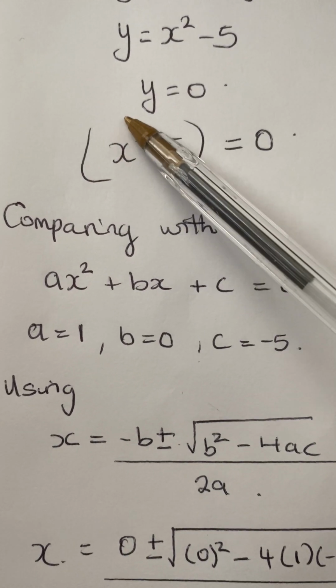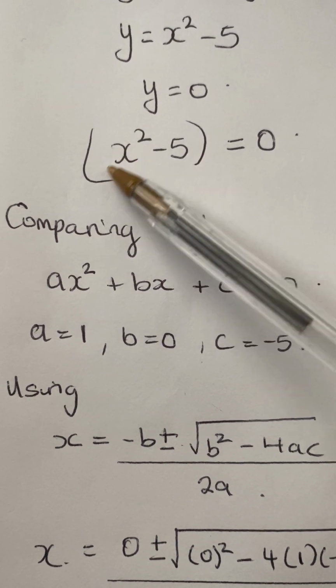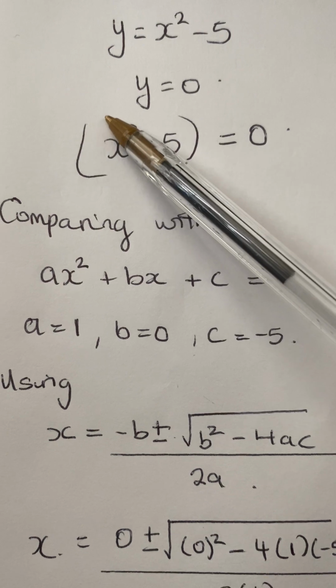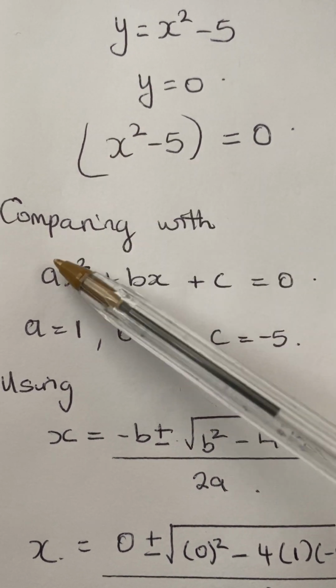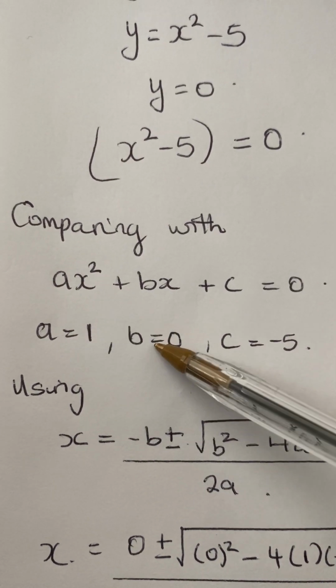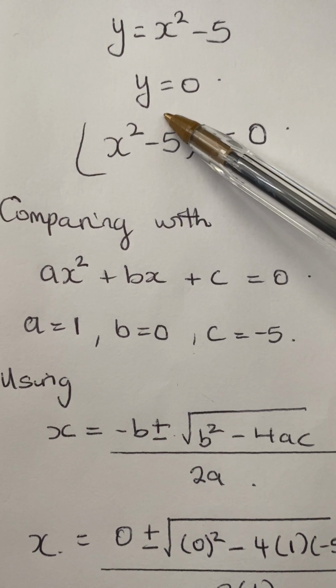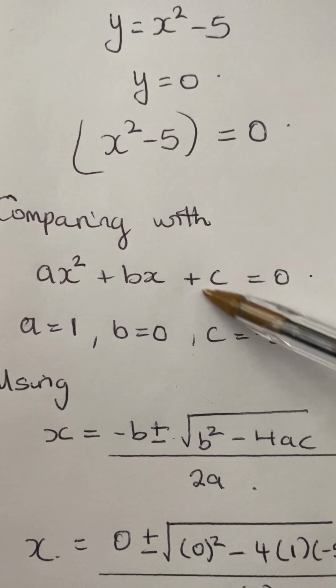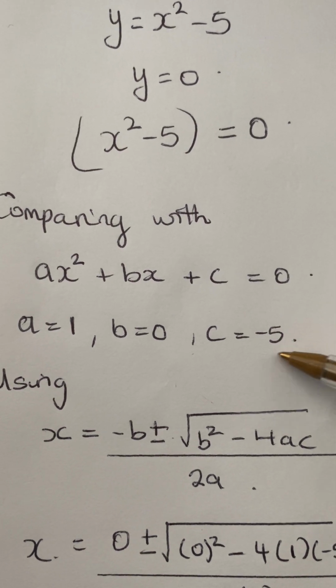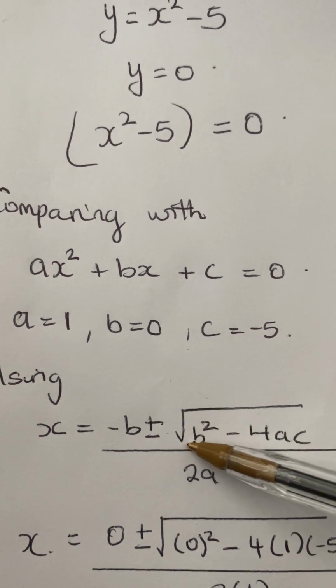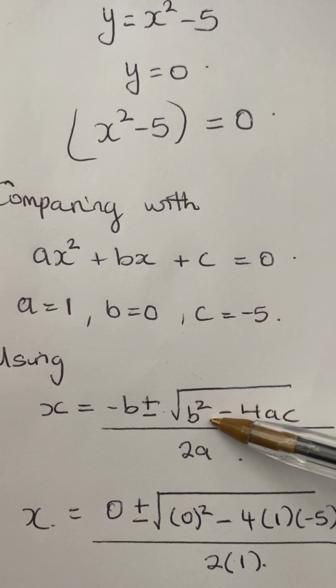Now if you look at this equation carefully, a will be 1 here. It's not there, but 1x squared is the same. b will be 0 because there is no b part, and c will be minus 5. So we put the a, b, and c values in this equation to find x.